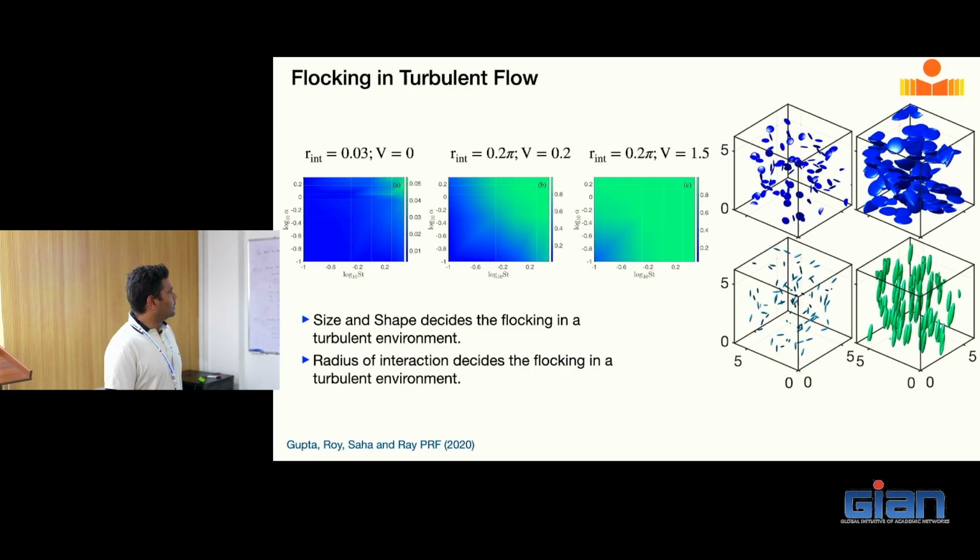As you increase your interaction radius and your self-propulsion speed, the flocking region becomes stronger and stronger. If you swim faster than the characteristic flow speed, flocking appears everywhere. That means you can dominate the flow in which you are moving around.